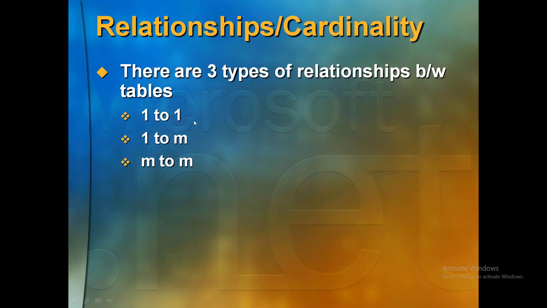Clear? In one-to-one, any table's primary key can become a foreign key in the opposite table. In one to many, only the parent table's primary key can become a foreign key in the opposite table. In many to many, you cannot create foreign keys directly. You have to create one more table. That is what is called a bridge table.